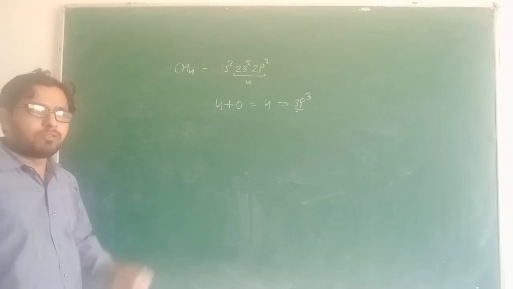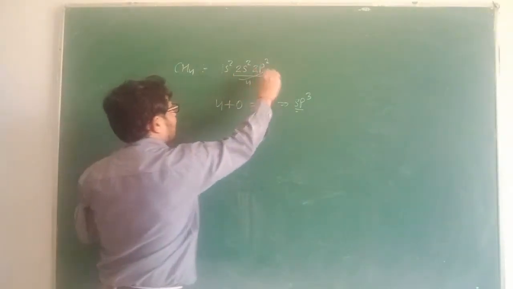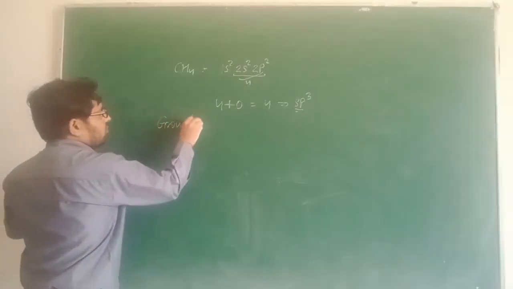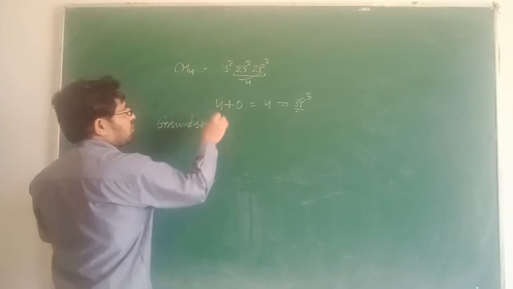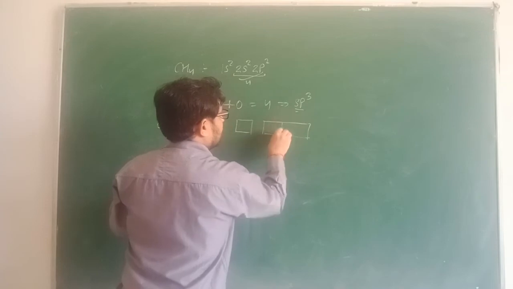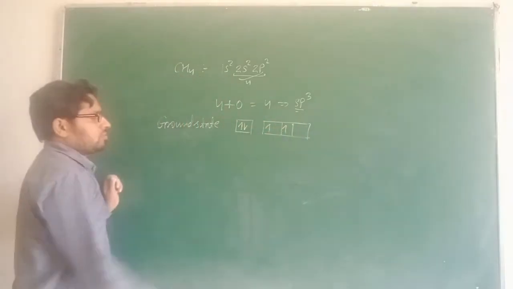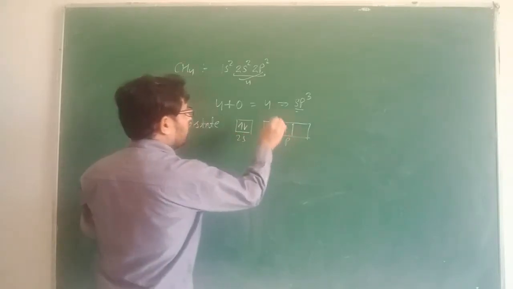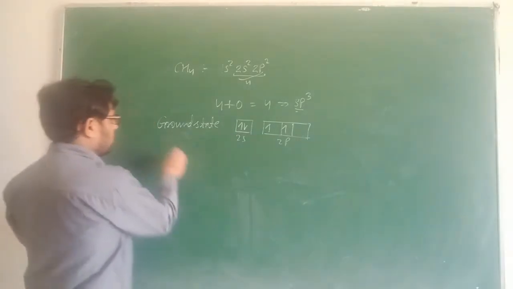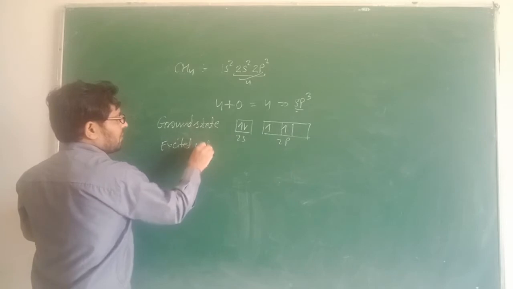If you want to go the other way, check out the electronic configuration I have mentioned here. In the ground state, the outermost shell has 2s with 2 electrons and 2p with 2 electrons. After that, when one electron is excited, what will be the structure?